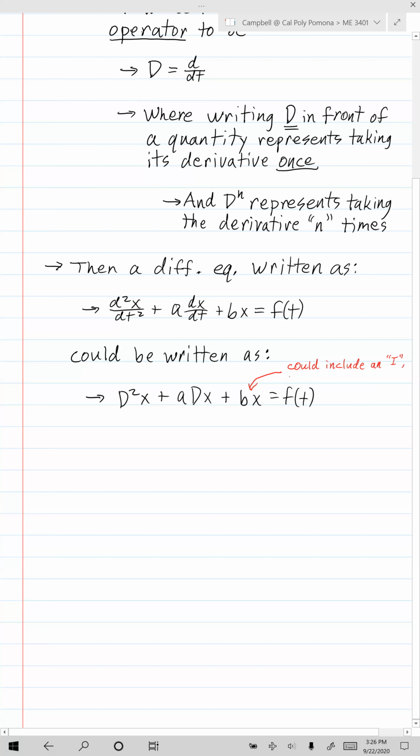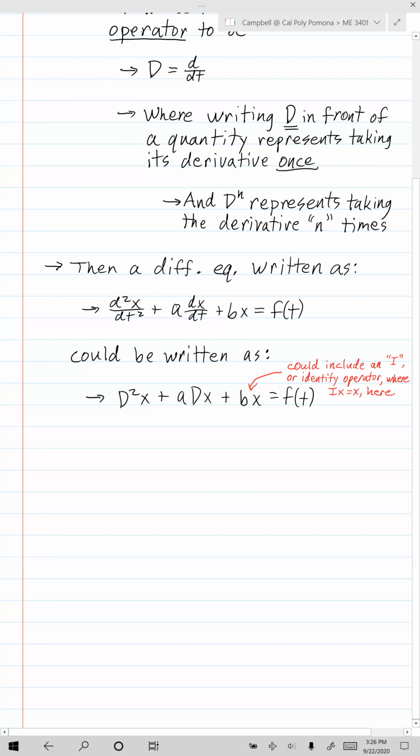Let's put a comma, could include an I or the identity operator, where of course I times x just returns x. That's the whole point of an identity. So could include an I or the identity operator here.